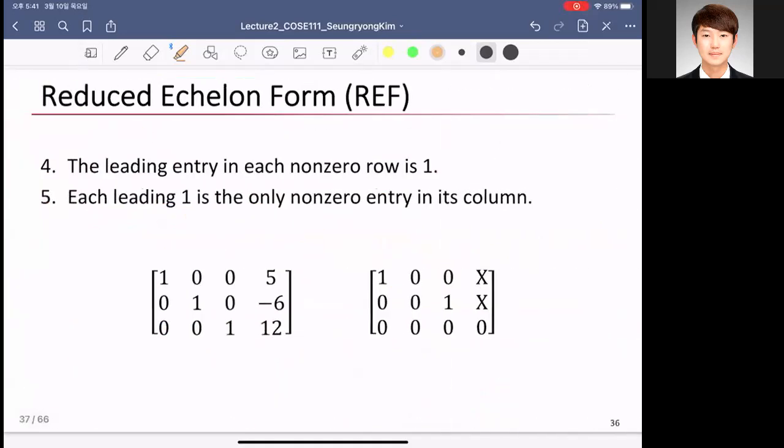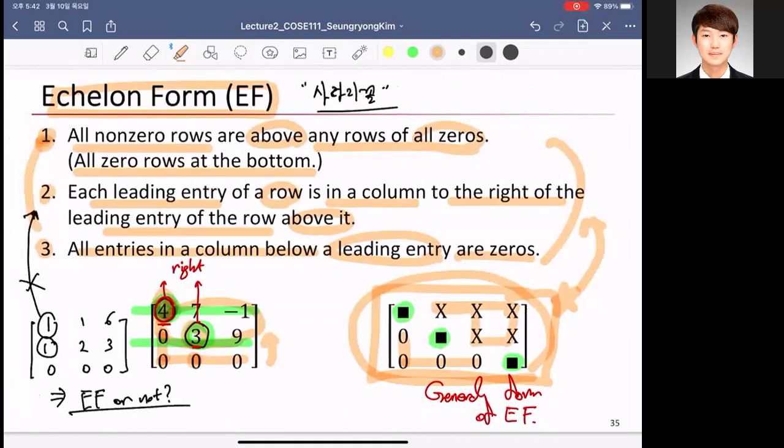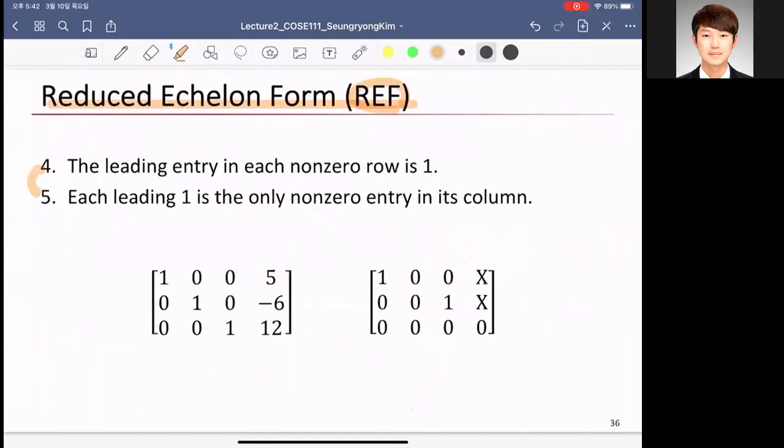One more thing is reduced echelon form. Reduced echelon form is called REF. REF should satisfy these three statements as well as two more statements. First one is that the leading entry in each non-zero row is 1. So here's the example. Leading entries are here and here and here, and in each non-zero row the leading entry is 1, right? 1, 1, 1.